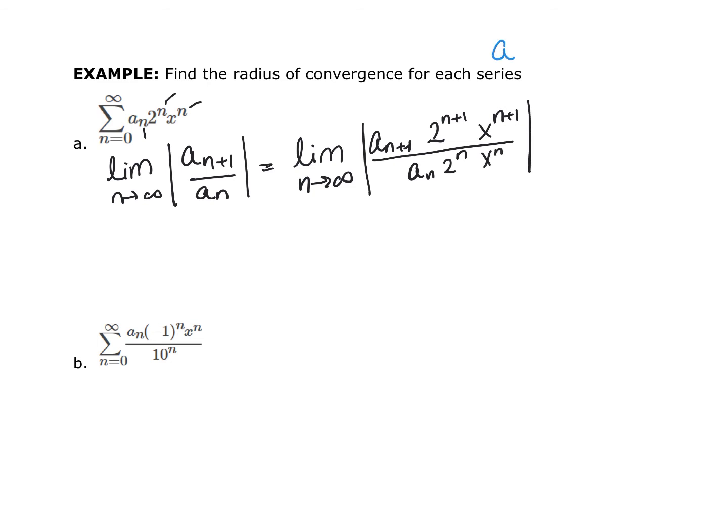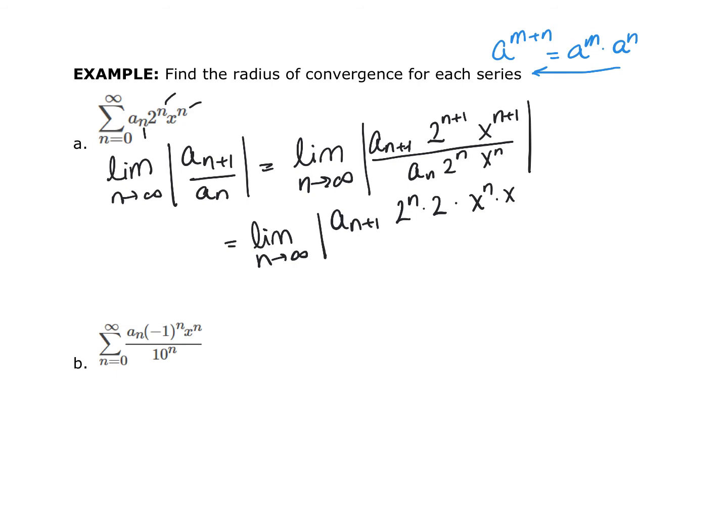Now remember, a to the m plus n must have started out with a to the m times a to the n. Normally we go in this direction, but now we're going to break this apart. So this is going to be the limit as n goes to infinity of a sub n plus 1, 2 to the n times 2, x to the n times x, over a sub n, 2 to the n, x to the n.